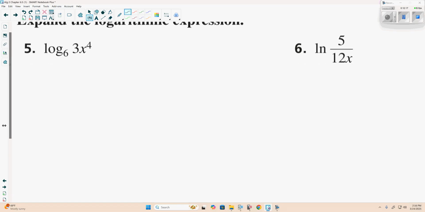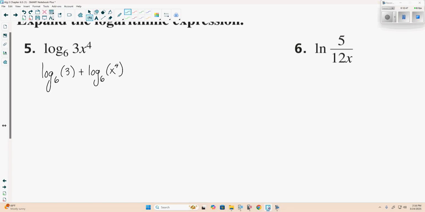Now we do have two things being multiplied together, so we can rewrite it as a sum of those terms. Questions on this here?